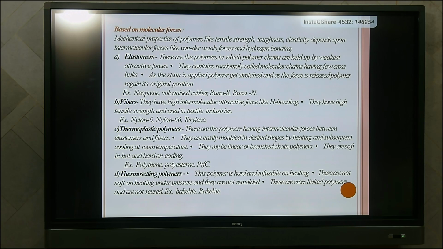Clearly, the difference is that if you heat a thermoplastic polymer, it will take a particular shape, and if you remove the heat, it will come back to its original shape. Thermosetting polymer cannot return to its normal shape when you remove the heat.